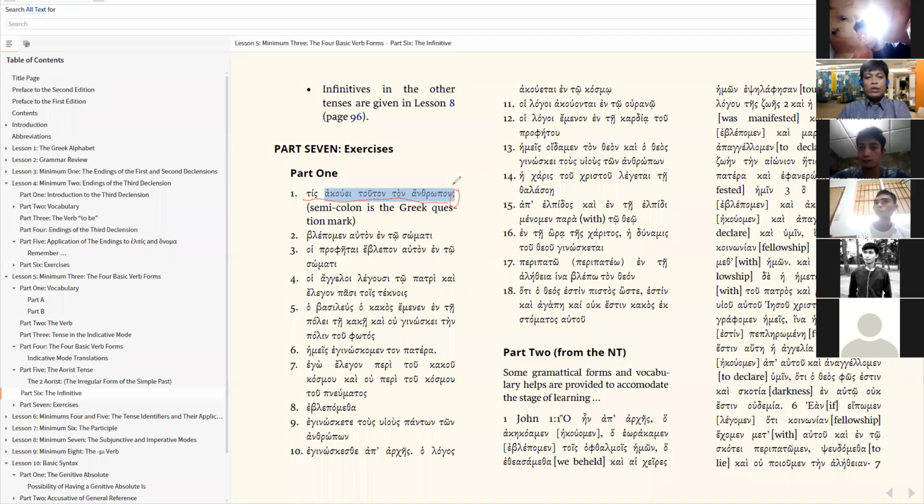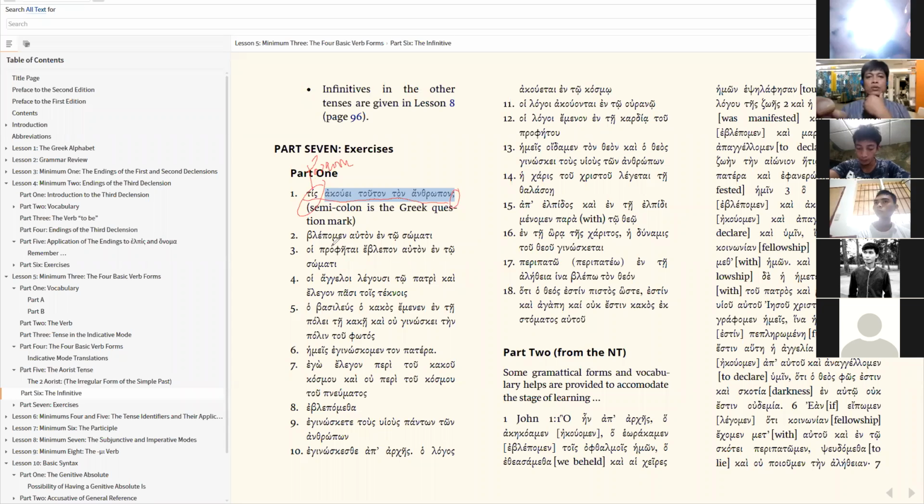The semicolon there is a question mark. What is the meaning of the word tis? This is a pronoun, right? Someone, or anyone.